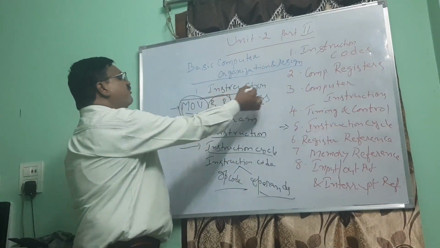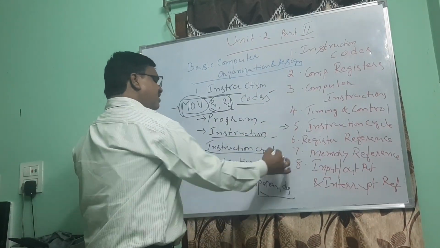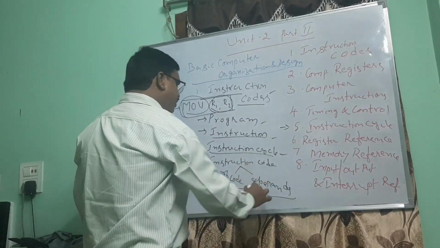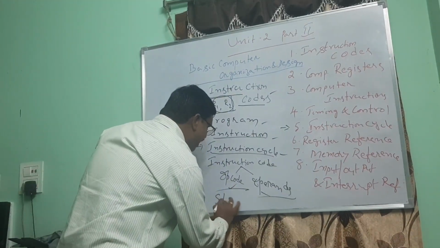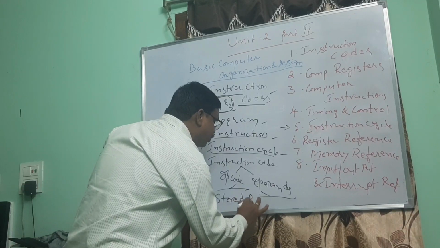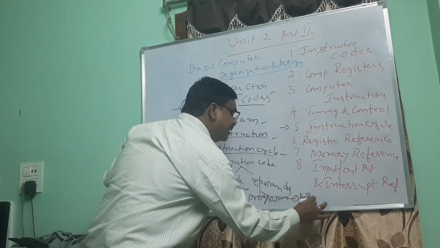So with the instruction codes, what is a program, what is an instruction, what is the instruction cycle, what is the opcode, and what is an operand, and then what do you mean by a stored program organization?